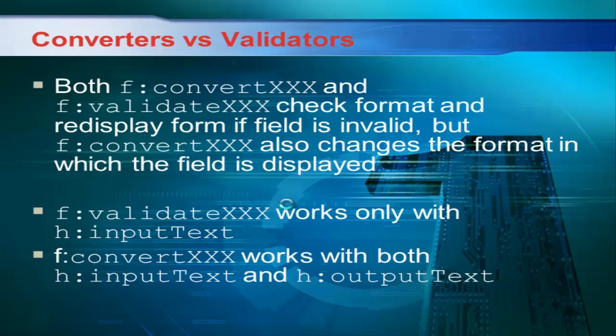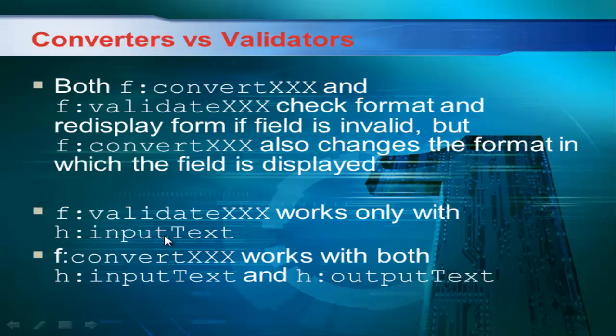Both of them will perform formatting. The difference is that when you convert something, the value changes. For example, given a date, you convert it into something else, the value actually changes. The validator will not touch it. The validator will just see and say whether it is valid or not valid. It will not try to convert it into a different format.